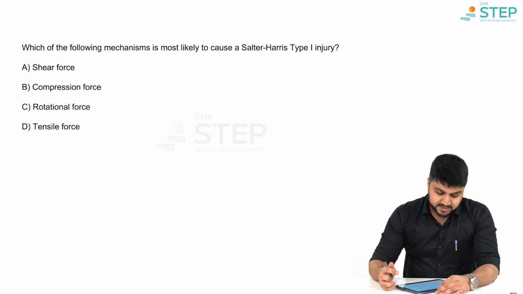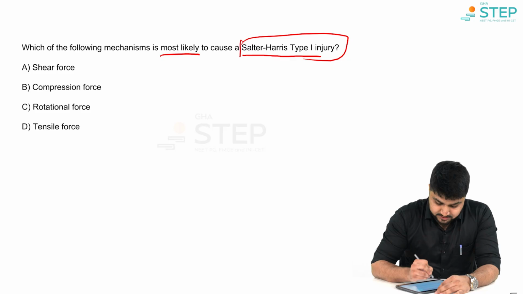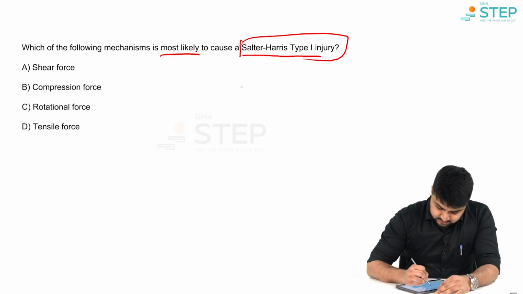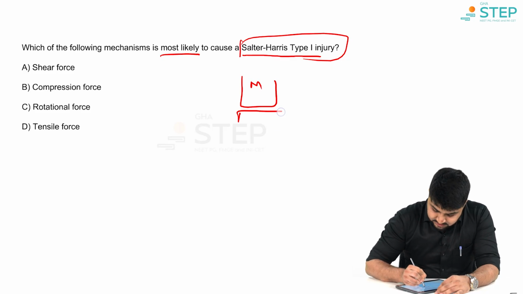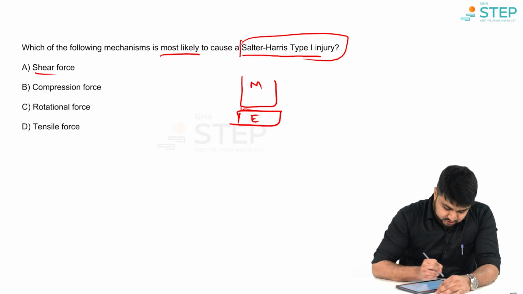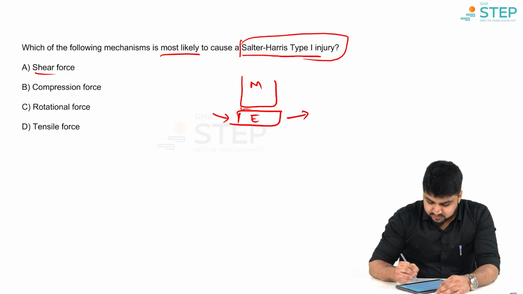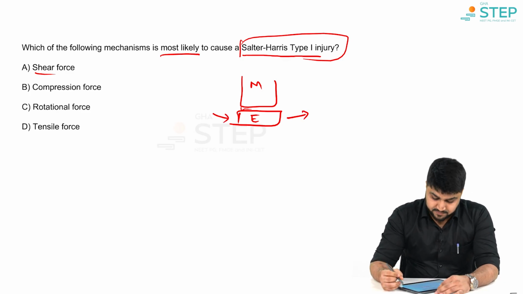Which of the following mechanisms is most likely to cause a Salter-Harris type 1 injury? Let us draw the physeal region first. This is the metaphysis, this is the epiphysis, and this is the physeal plate. Let us go through the options. Shear force basically means a transverse force applied across the epiphysis.